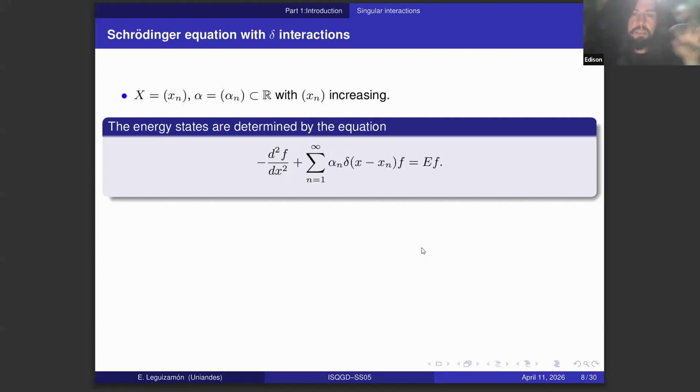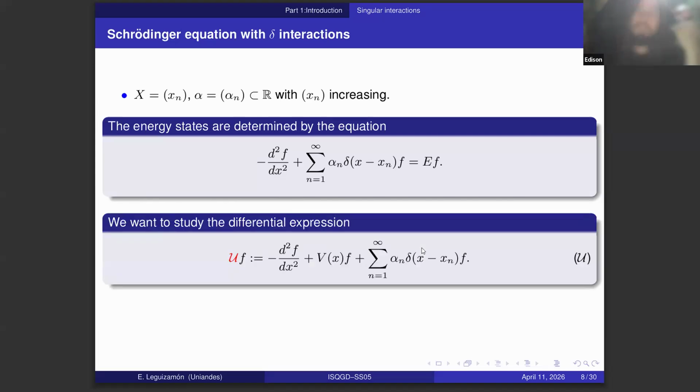In a more general way, if we have x a point on the real line and some alpha a sequence in the real line, we would like to study this equation. From the point of view of spectral theory, we would like to see what happens with this differential expression.